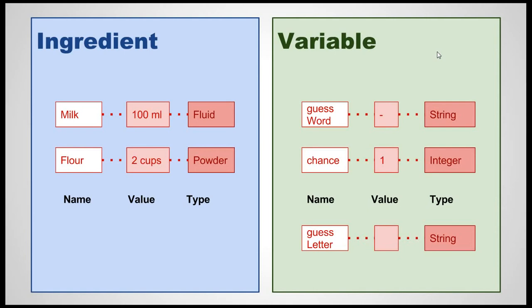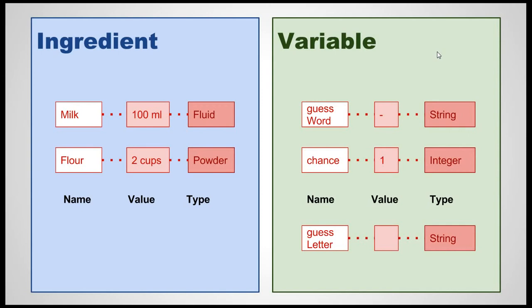But in variable, we can create a variable without having a value. For example, the variable guess letter, we don't have a value for it when we create it, when we define it, because it is the user's input and you don't know. So how can you use a variable without knowing its value?